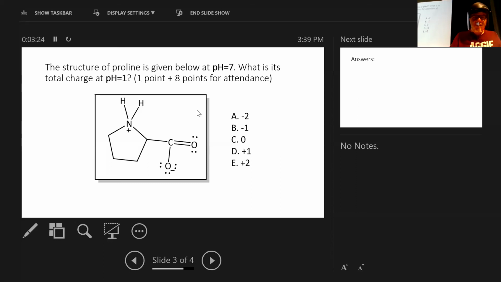I'll even give you guys a little hint. Let's figure out what its total charge is now at pH 7. I see +1 and I see -1. So I think at pH 7, the total charge is 0. So what would the total charge be at pH 1?